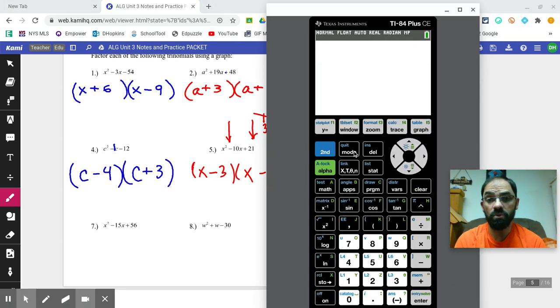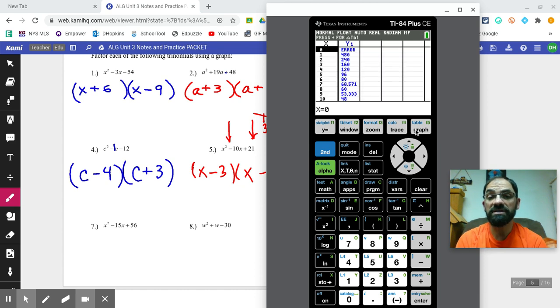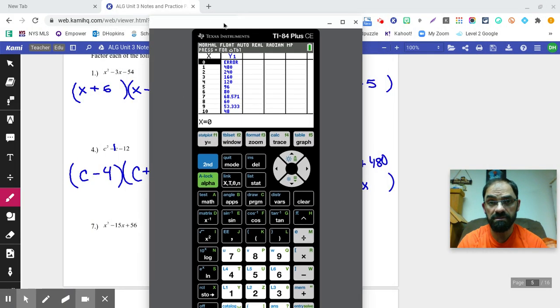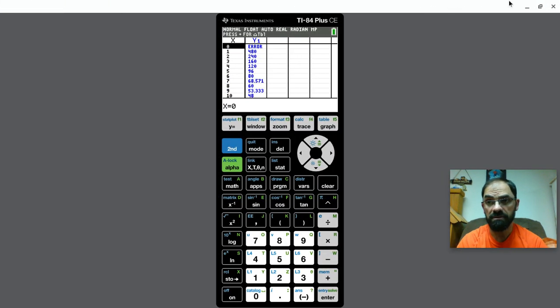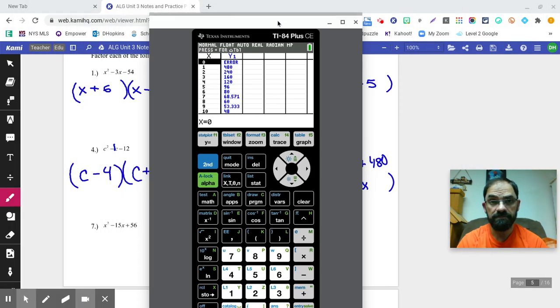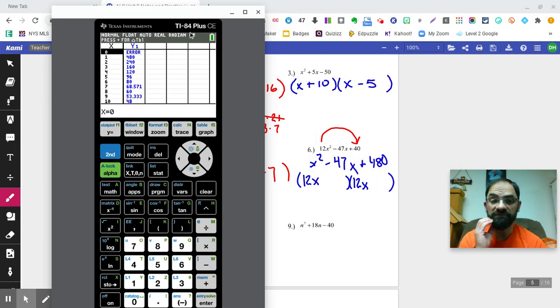This is where we went to y equals. We typed in 480 divided by x. And when I go to my table, which is second graph, this will list all the factors of 480. So if we remember, our middle term was negative 47.